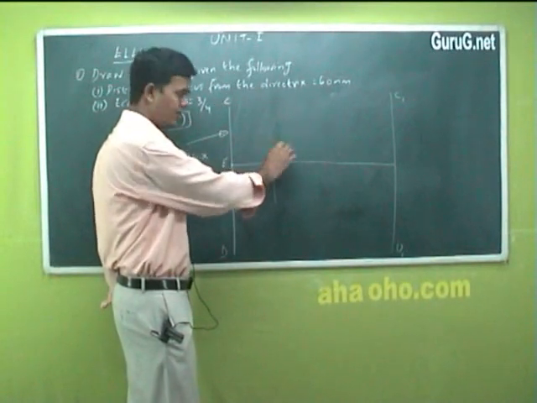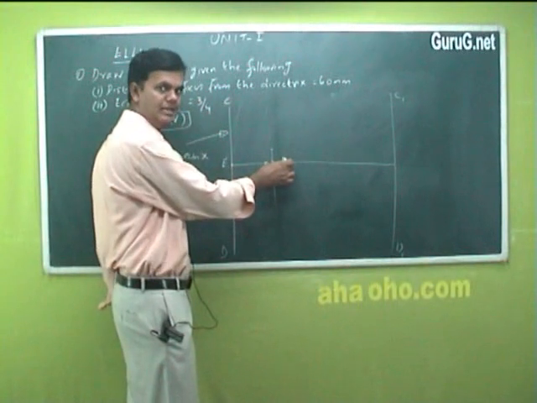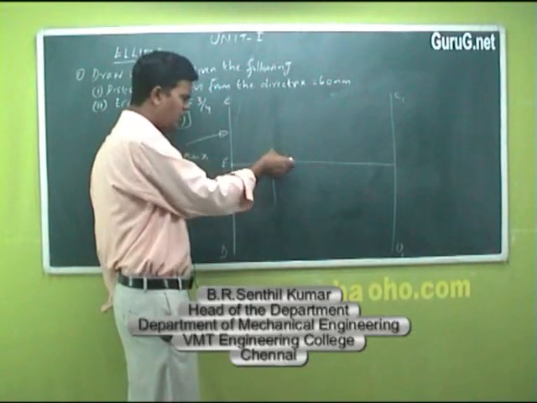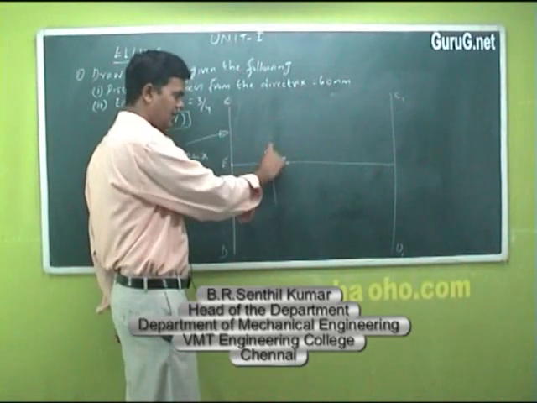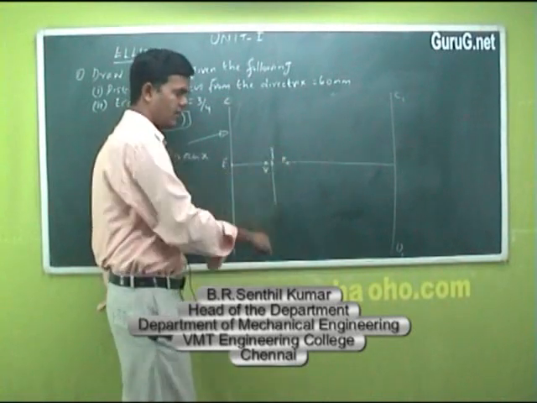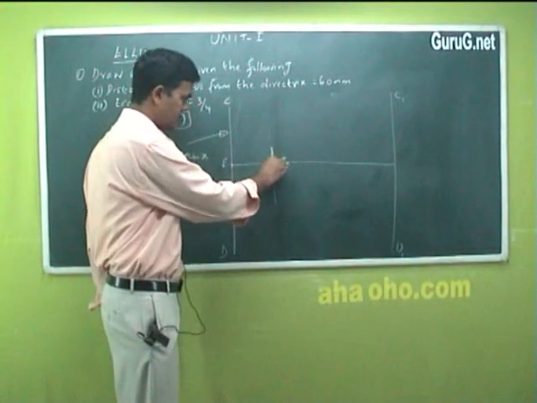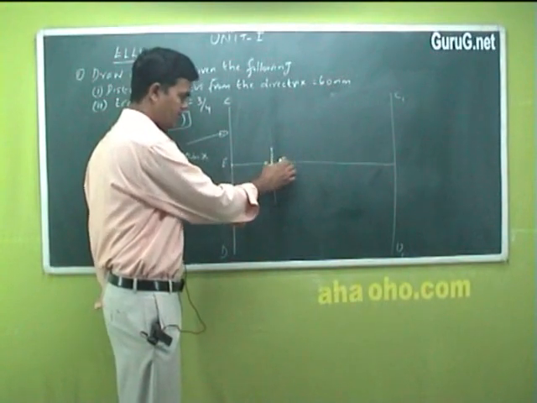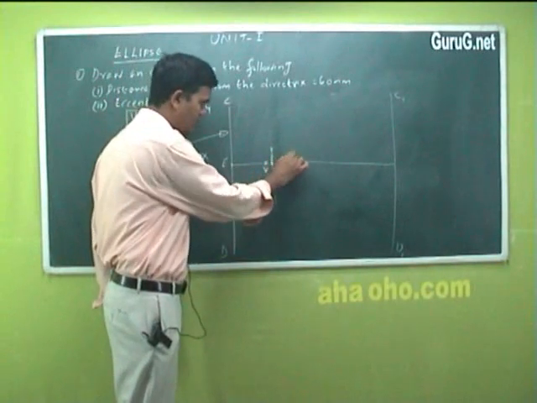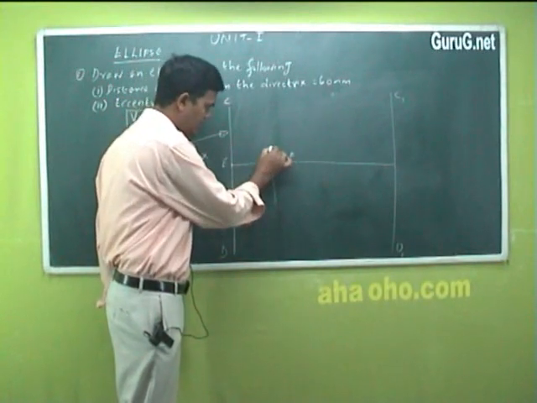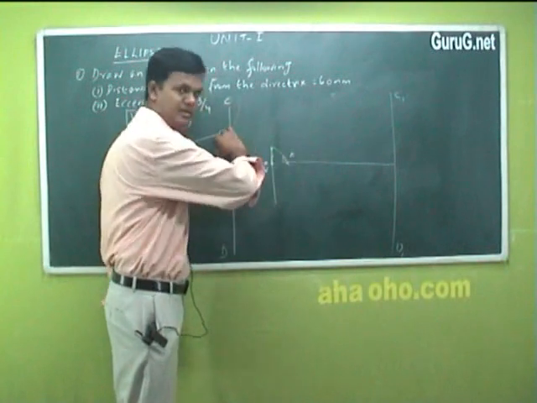I hope you can get me. Or you can take a compass, keep it on F and make a cut, and you make a line. This line is the first step. I can even draw an arc, so as not to disturb. I just make it an arc like this.